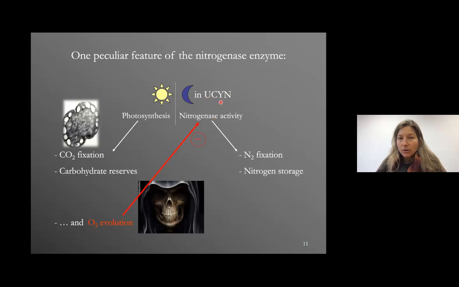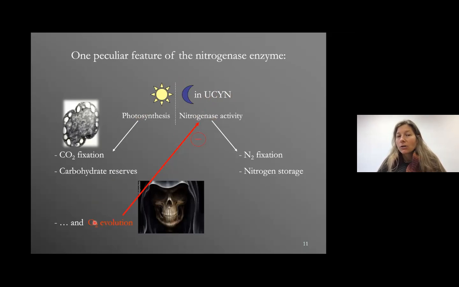So in the unicellular ones, they solved the issue by performing photosynthesis in the light, of course. And so they reserved the dark time for nitrogenase activity. So they separate those two activities in time so that the nitrogenase is not really exposed to all the oxygen that's been evolved during photosynthesis.